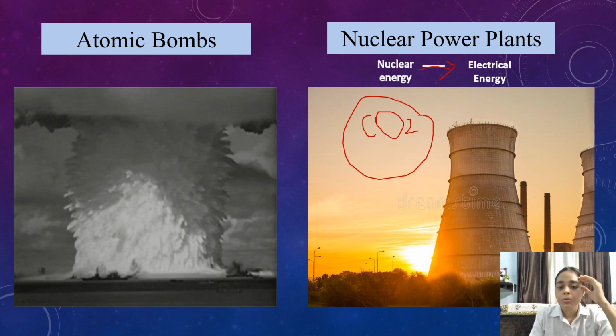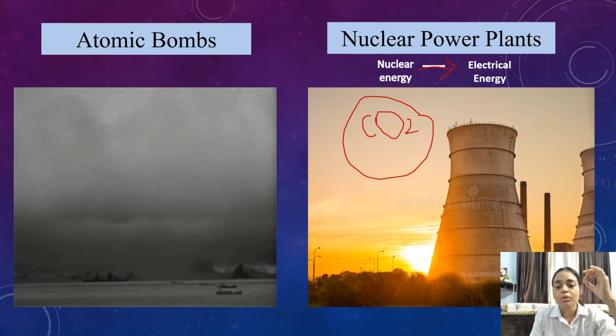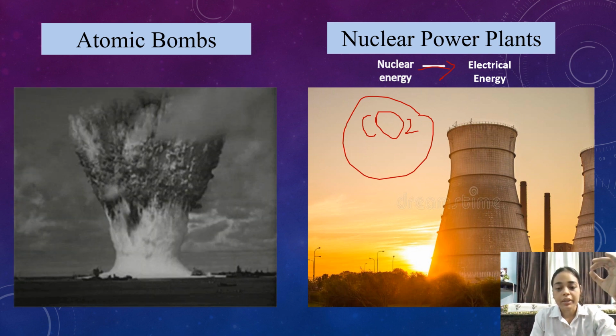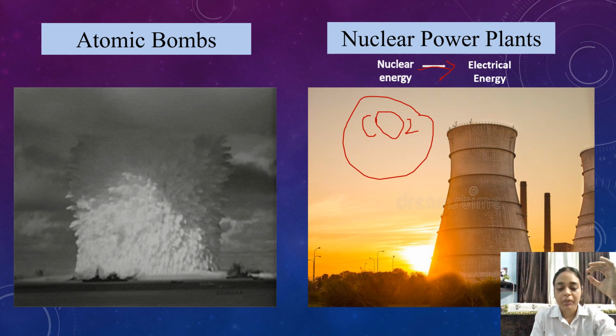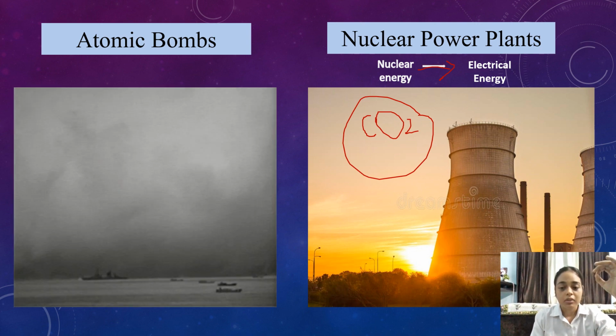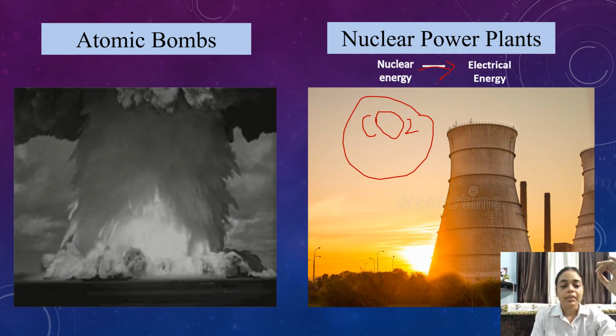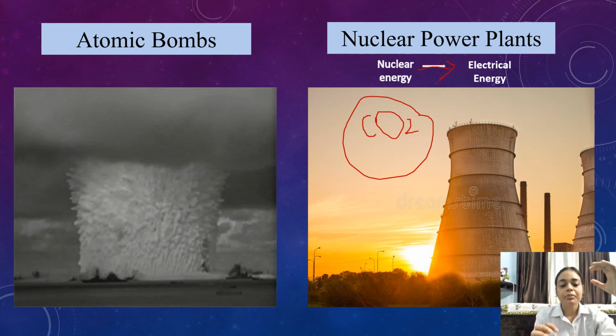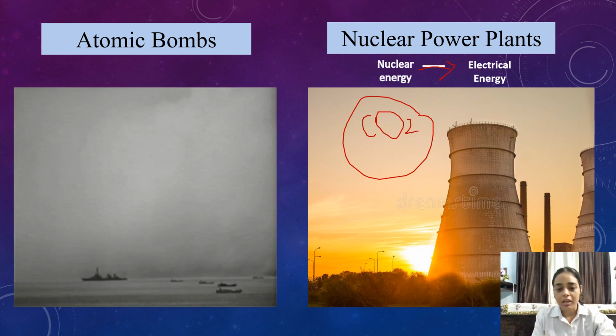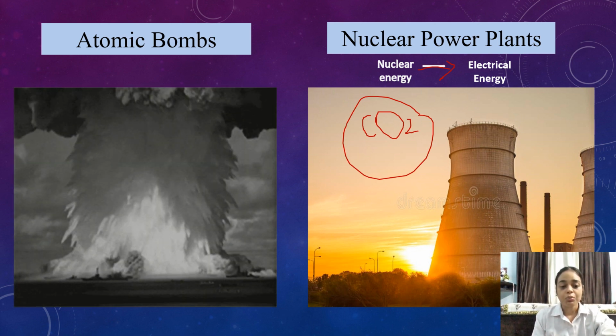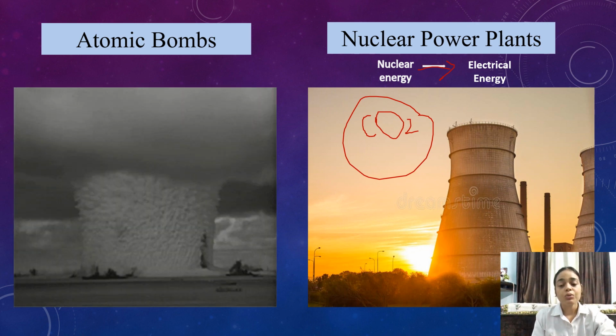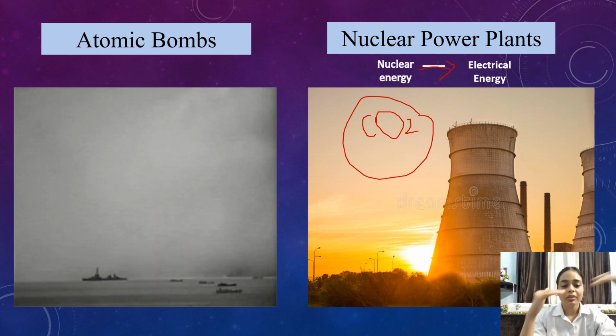As we know, CO2 is a main component of the greenhouse effect, and it traps the heat energy and doesn't allow it to go outside the earth's layer.